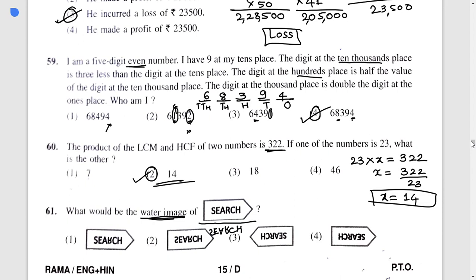Water image. So H is not there at the same place here. So these two are wrong answers. Again you compare between 1 and 2. So here A is different, here also A is different. So this A is correct here. So option 2 is the right answer.